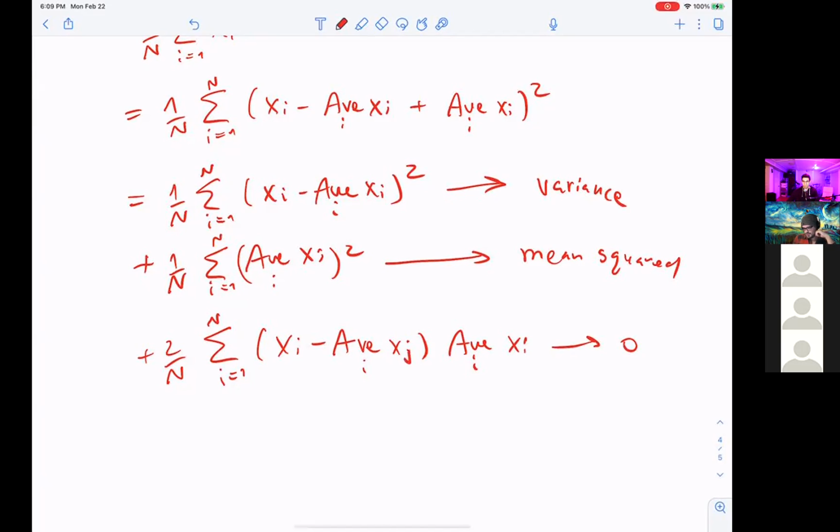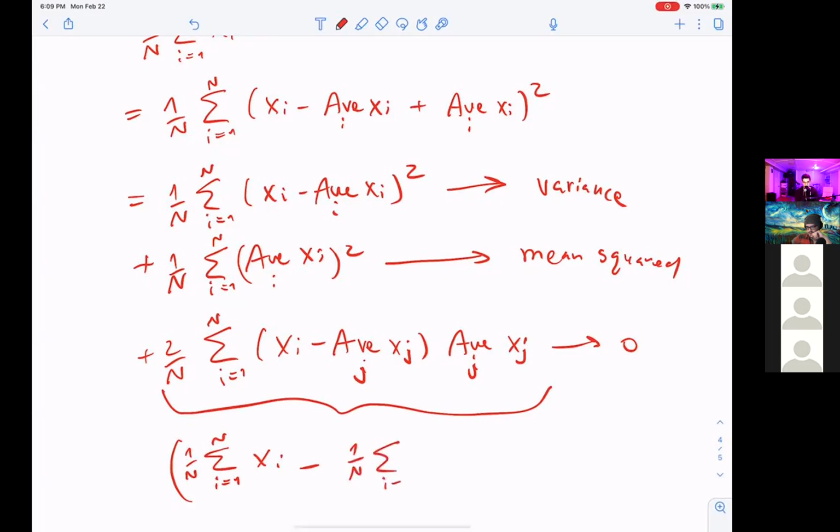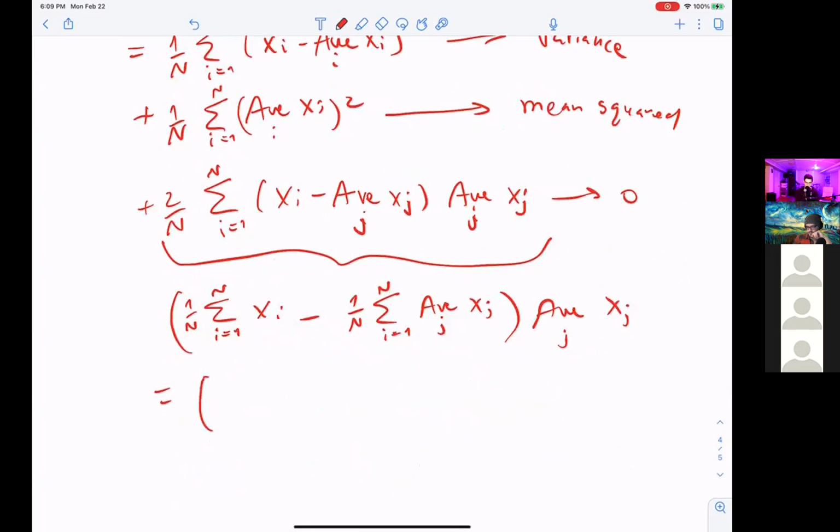I guess I should have used j here to avoid confusion, because your average is just going to apply over the x_i's. So this last thing would be the sum over i from 1 to n of x_i minus the average over x_j, which is equal to the average over x_i minus the average over x_i multiplied by the average over x_i. Does this make sense? Yeah.